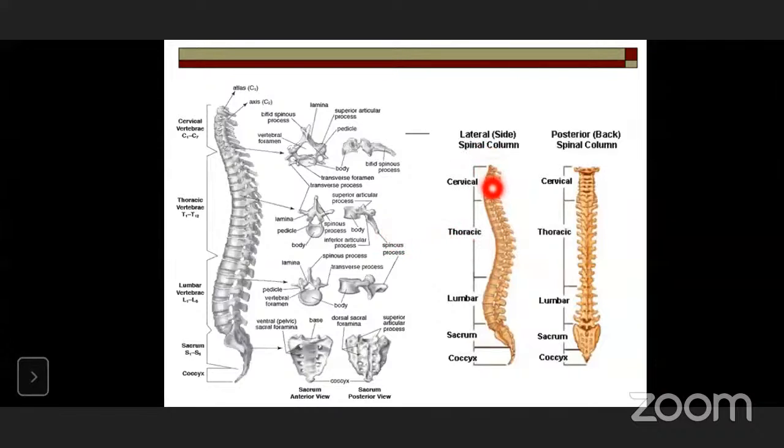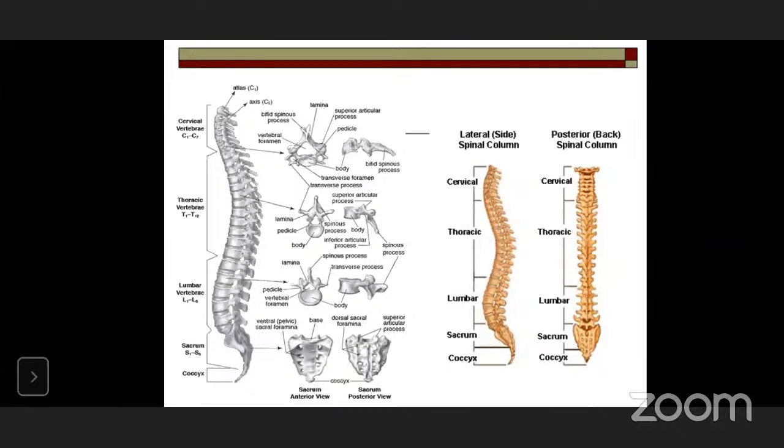But with the secondary curvature, in the cervical region it changes, and anteriorly it becomes convex. The thoracic remains as it is, anteriorly concave. The lumbar is initially concave, but it is converted into convexity. The sacrum and the coccyx remain the same. So the secondary curvature takes place in the cervical and the lumbar vertebrae. This is very, very important.